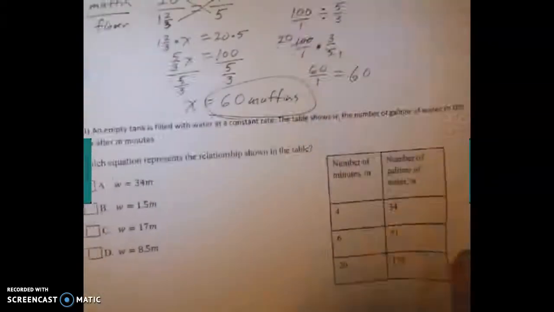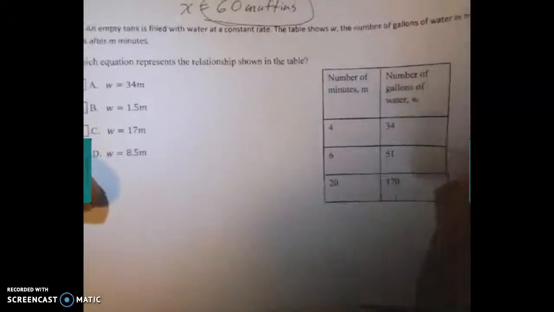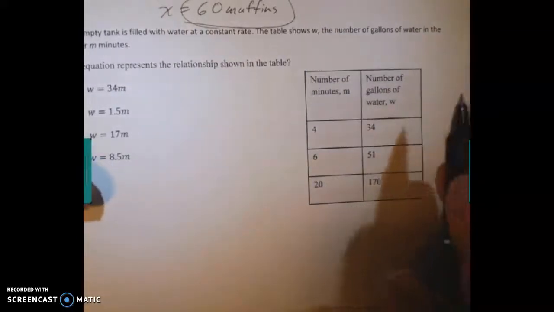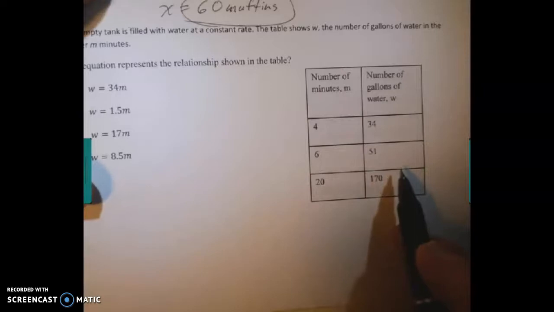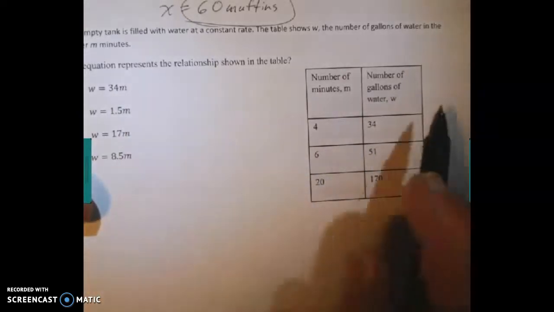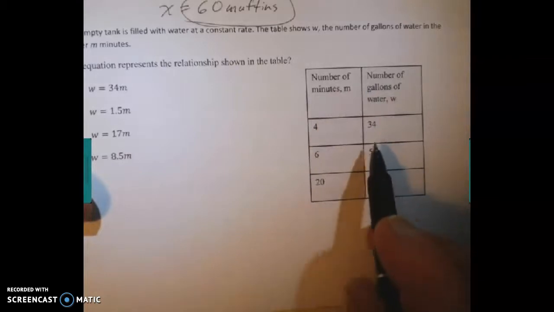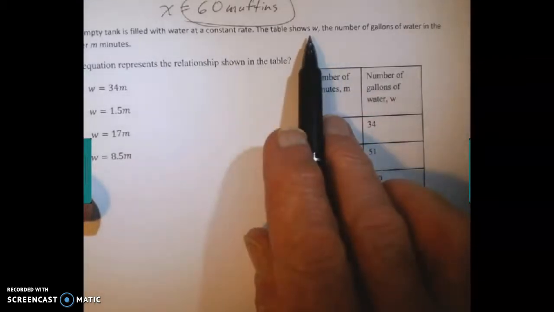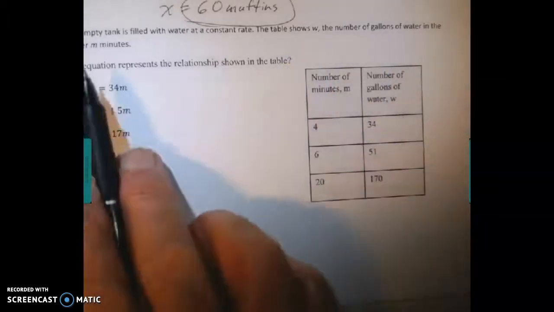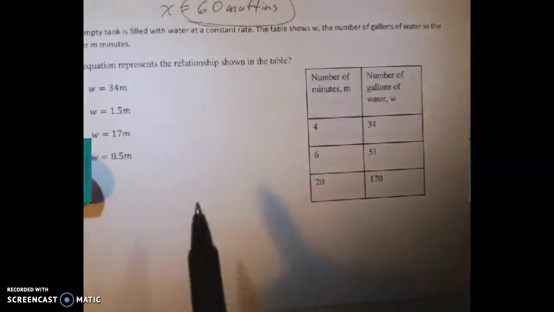And then question number 10. A tank is being filled. They are keeping track of the rates over here. They want an equation for this relationship that compares the number of gallons of water W to the amount of time it takes.